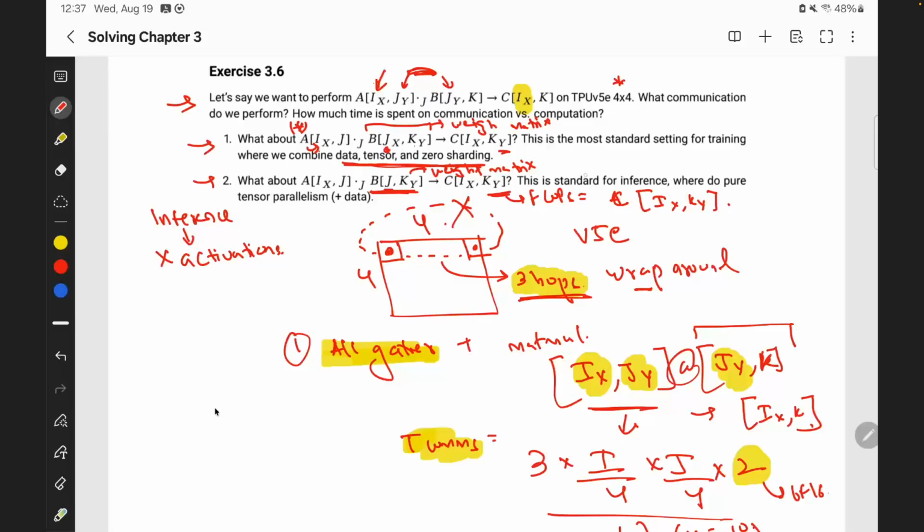So the total flops for the TPU v5p architecture is just 2 times I/4 times J times K/4. The factor 2 comes from the flops in matrix multiplication. So you are just paying the cost for the floating point operations. So this was all about question 6.